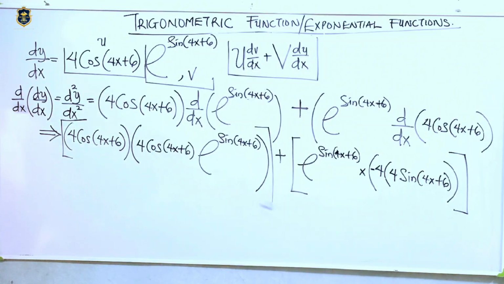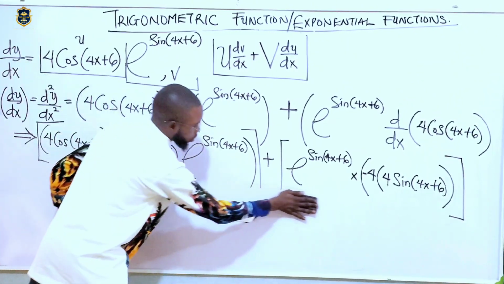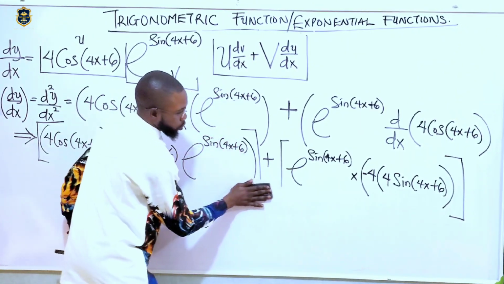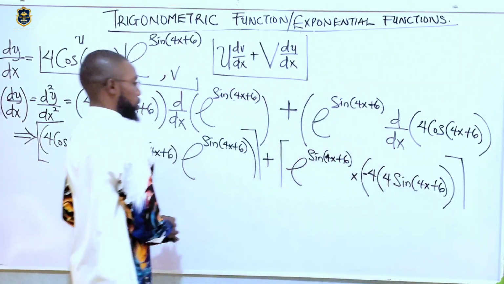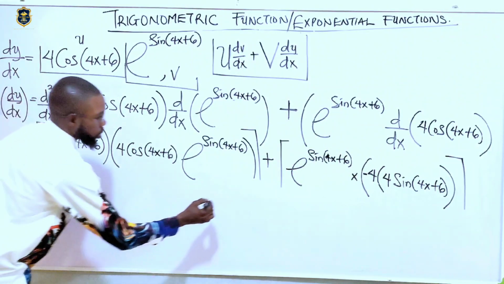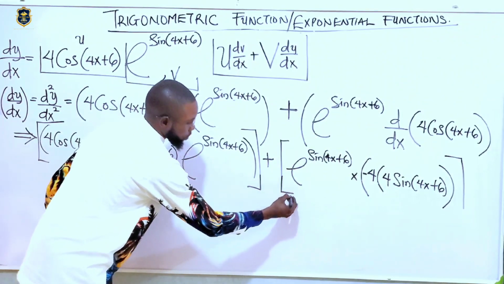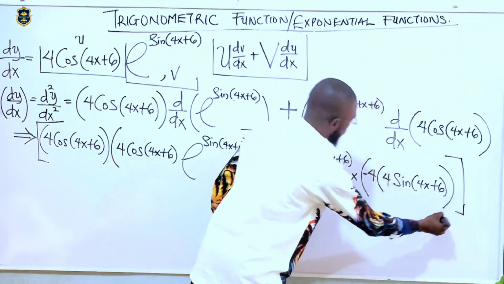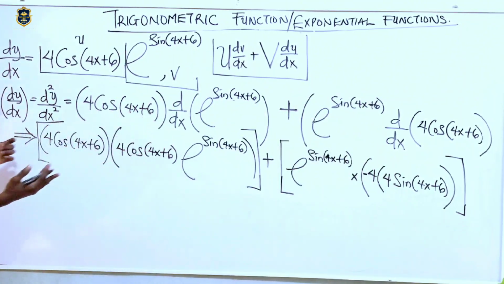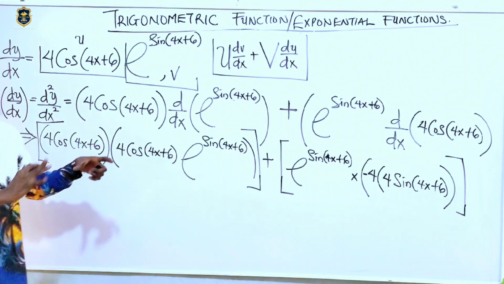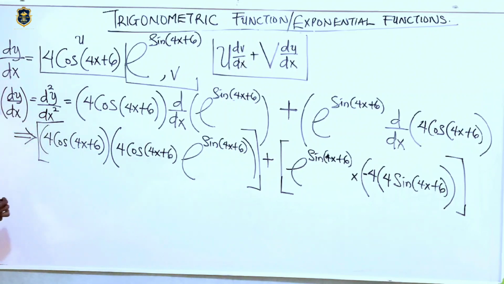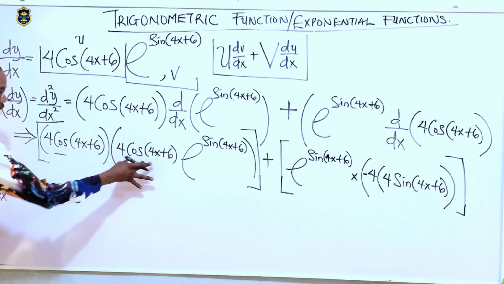To make it more orderly, because we want to utilize the space we have, this is for this, and this also is for this. So let's arrange now. That's the whole thing. We're just trying to arrange and get our total answer. So d squared y over dx squared is going to give us, look, this and this are the same thing if you watch carefully.